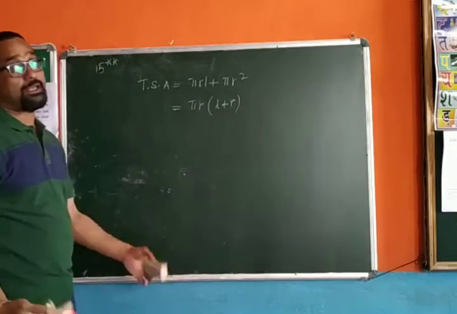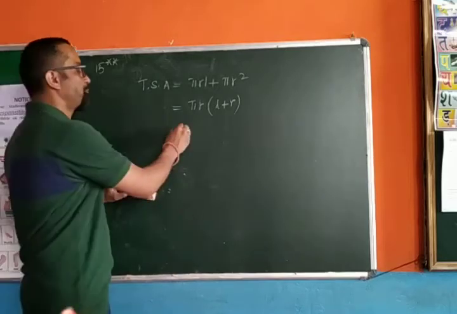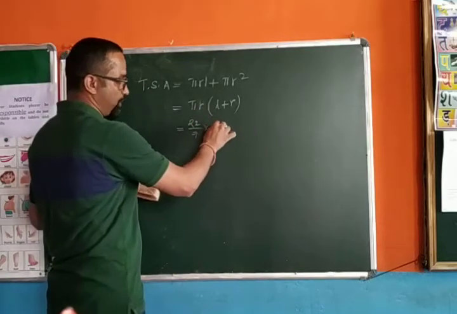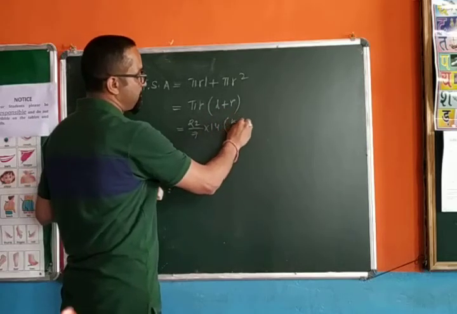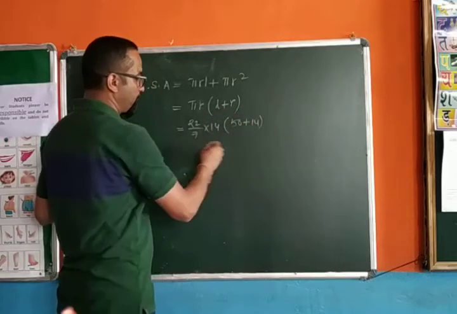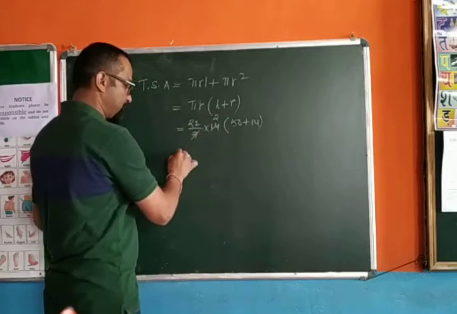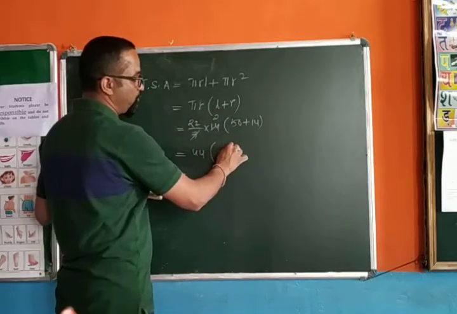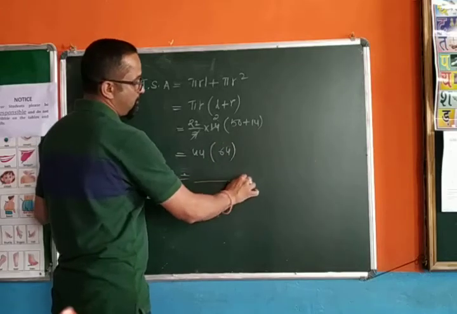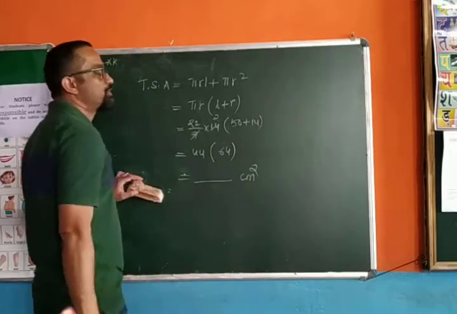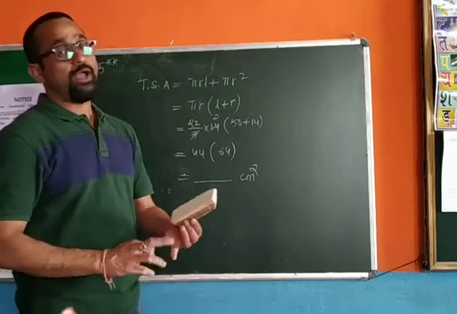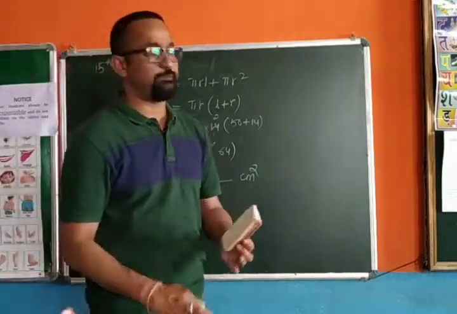Simplify the formula, calculation will be easier. 22 by 7, radius is 14, slant height is 50 plus 14. 7 2 times 44, multiplied, you get 64. Multiply, you get total surface area of the cone whose volume and area of base is given.